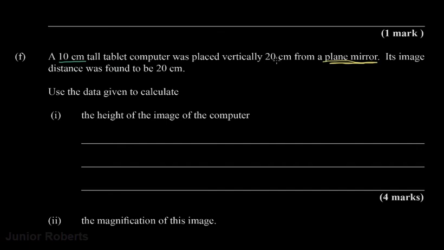We have to consider its distance from the plane mirror, which is the object distance, and we also have to consider its distance behind the mirror, which is the image distance.